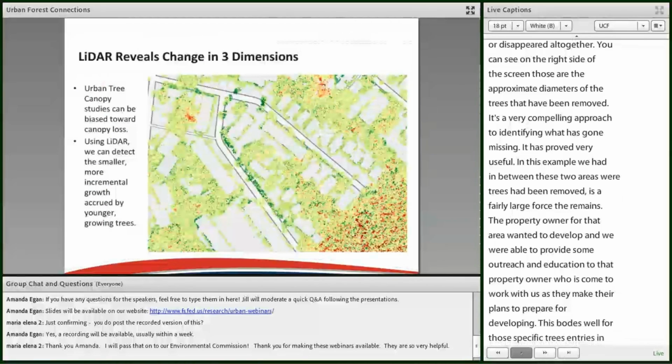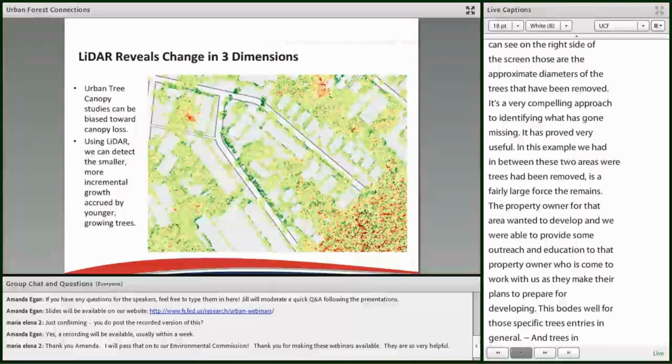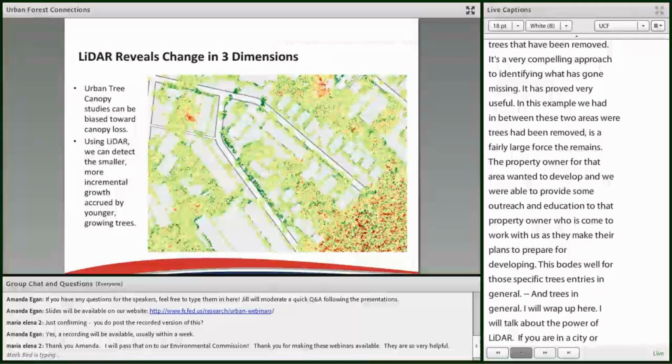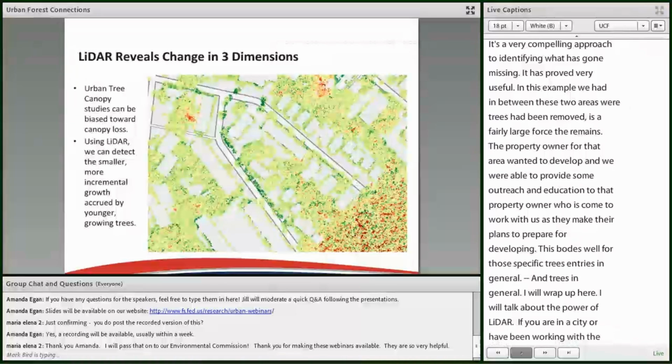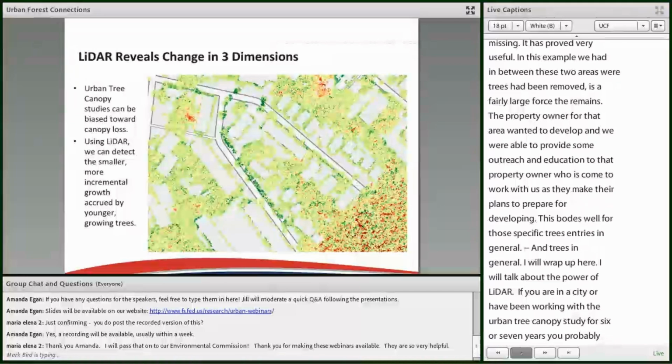All right, and so I'll kind of wrap up here and talk about the power of LiDAR. A lot of times, if you are in a city or have been working with urban tree canopy studies for 6, 7, 8, 10 years, you probably know that those studies have become more granular, more detailed, more accurate.